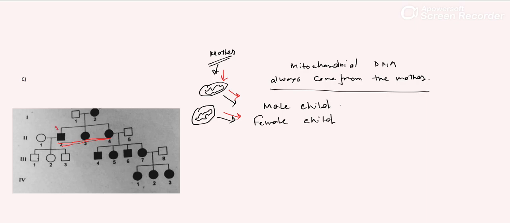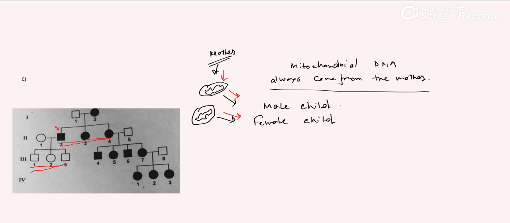But this boy child is married to a normal girl, and all of his children in generation 3 are normal. It may happen because the mitochondrial part has come from his mother, but it cannot be transported to his children, as mitochondria cannot go from him. It will go from his wife, so all of his children remain unaffected, they are normal.